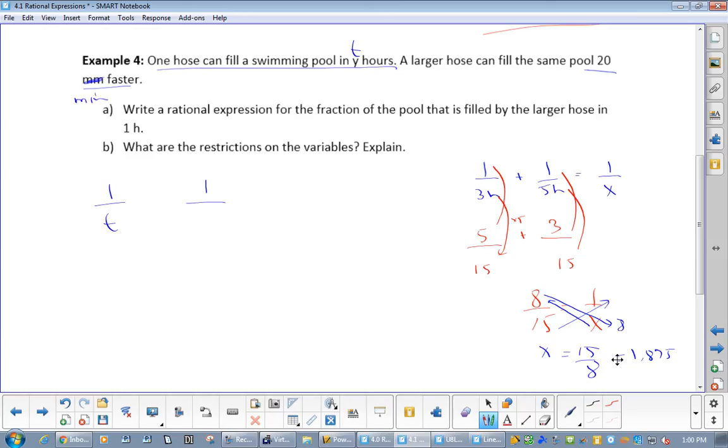But if you could do it 20 minutes faster, what would be the denominator on this one? T minus 20, right? Yes, T minus 20 time. Yes, T minus 20.